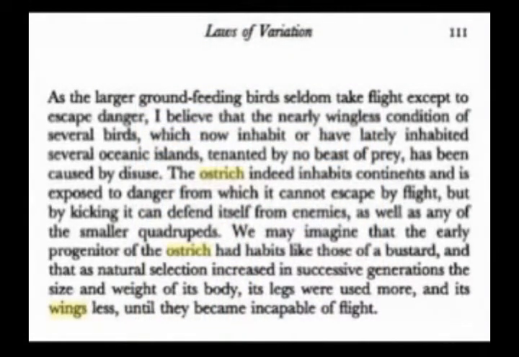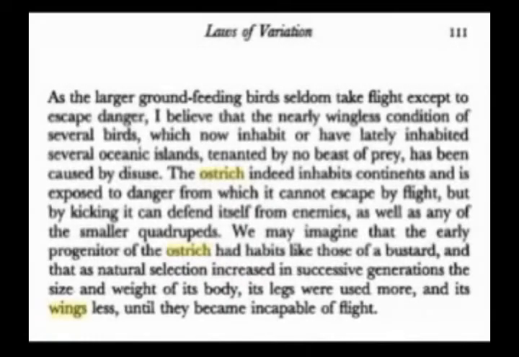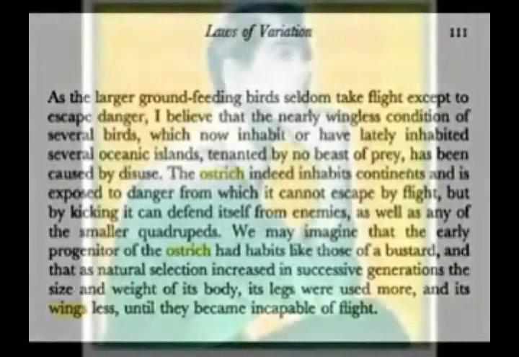But by kicking, it can defend itself from enemies, as well as any of the smaller quadrupeds. We may imagine that the early progenitor of the ostrich had habits like those of a bustard, and that as natural selection increased in successive generations the size and weight of its body, its legs were used more, and its wings less, until they became incapable of flight.